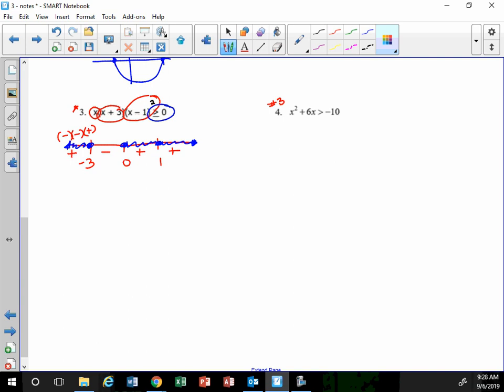So writing my answer, I can just say -infinity to -3 with a bracket, and then 0 to infinity. You don't need to say 0 to 1 and 1 to infinity. That is very redundant. Don't write it that way. It starts at 0 and just keeps going.